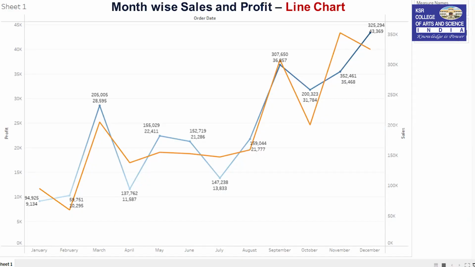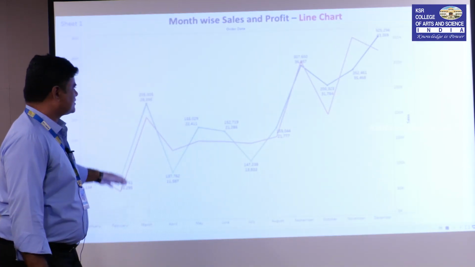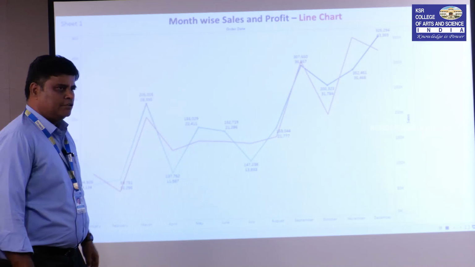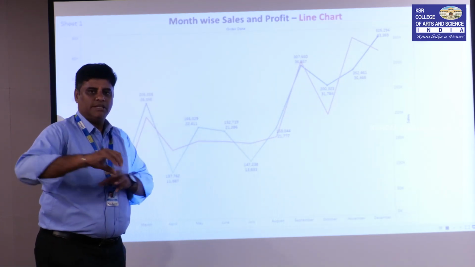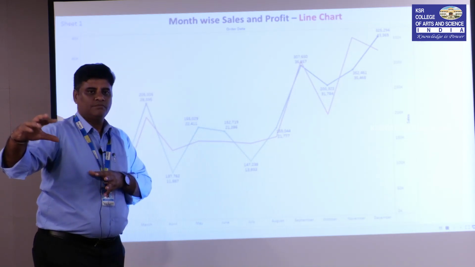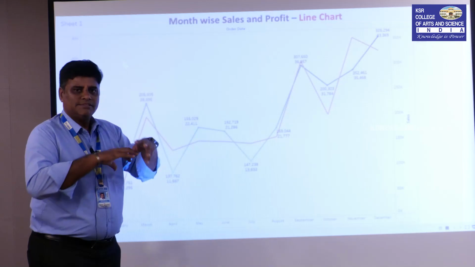The next one is the month-wise sales and profit line chart. See, guys, it's called a line chart. Usually when the line moves up, it states growth. When the line comes down, it's falling.